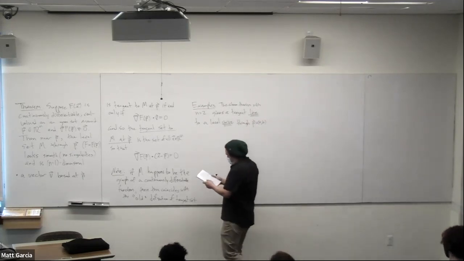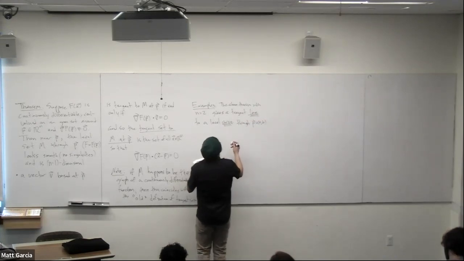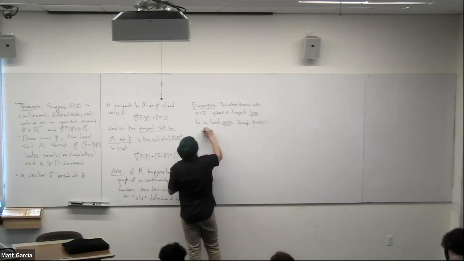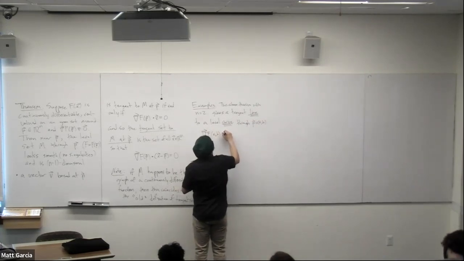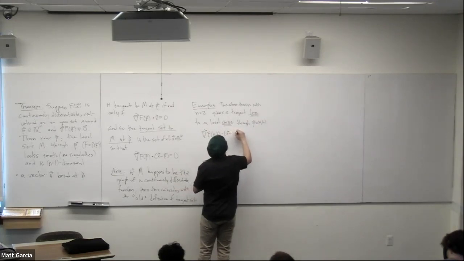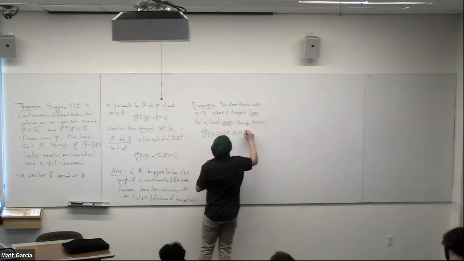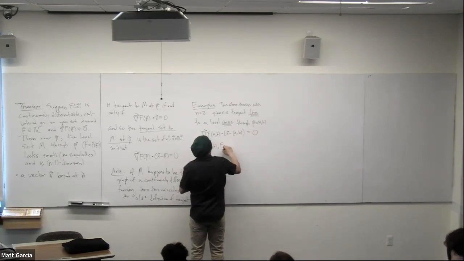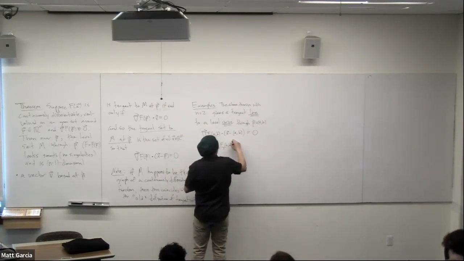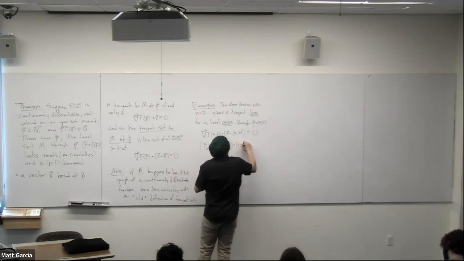Right. So what do we get here? Gradient of f evaluated at a comma b dotted with x minus a comma b equals zero, that is, f_x of a comma b, comma f_y of a comma b, dot x minus a, y minus b.